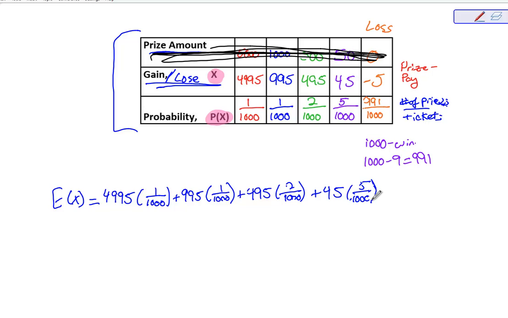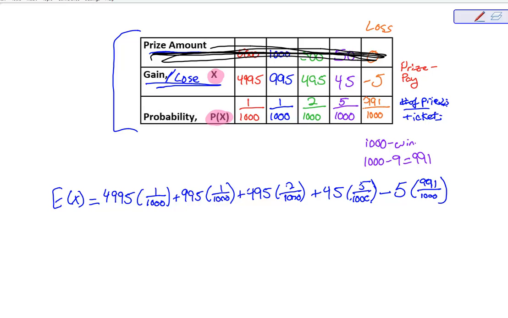Now since I'm going to lose $5, I'm going to say minus $5 times 991 out of 1,000.